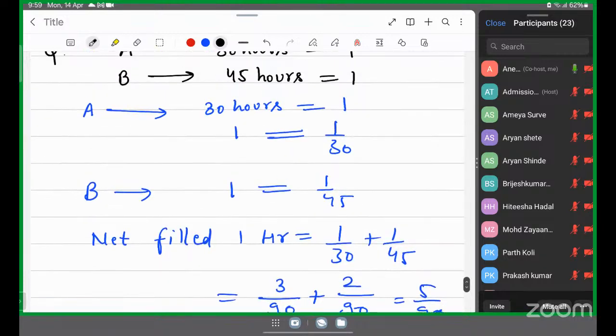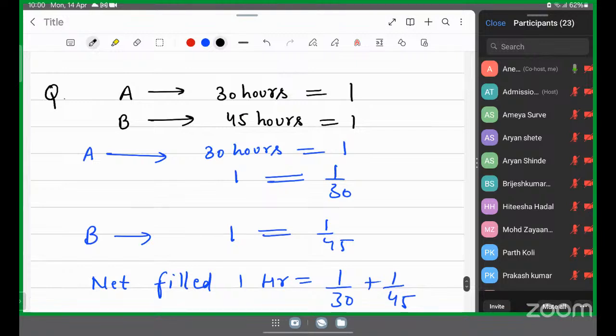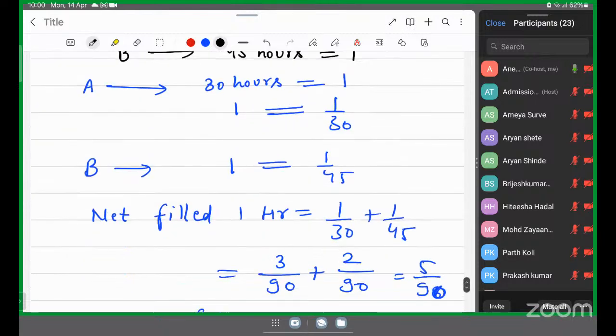Pipe A is taking 30 hours to fill the tank. So in 1 hour, it will do 1 by 30 work. Similarly, pipe B will complete 1 by 45 part of the tank in 1 hour. If we open both the pipes together, the net part of the tank that will be filled in 1 hour will be the part filled by pipe A plus the part filled by pipe B. That is 1 by 30 plus 1 by 45.